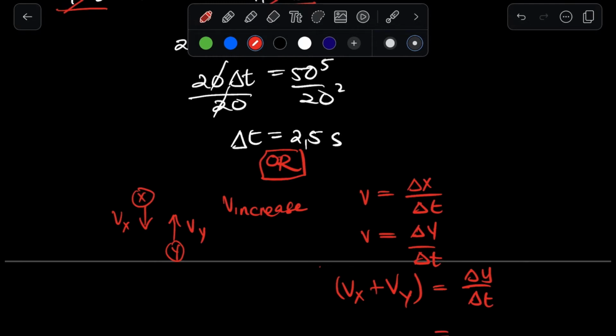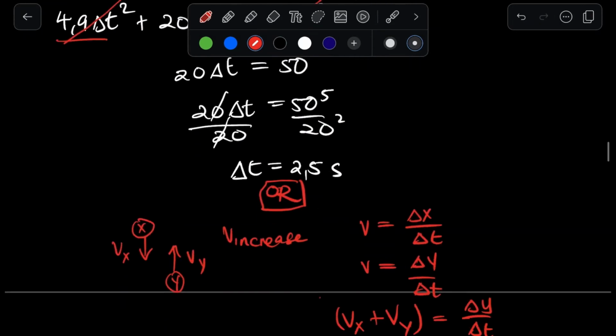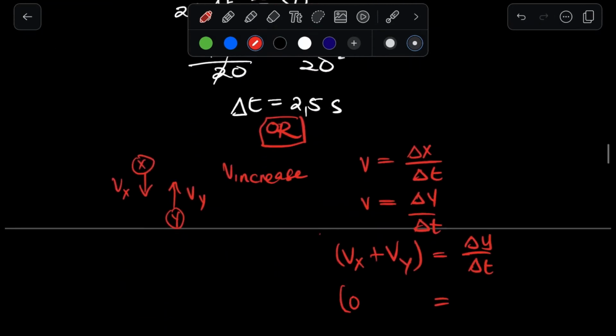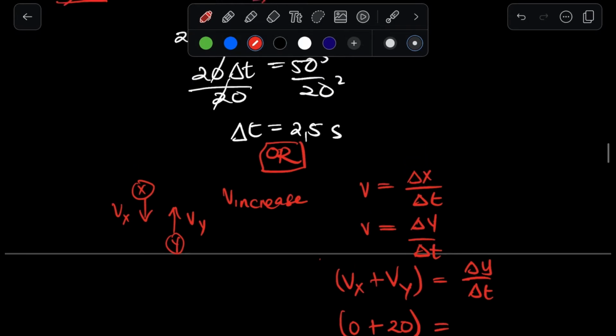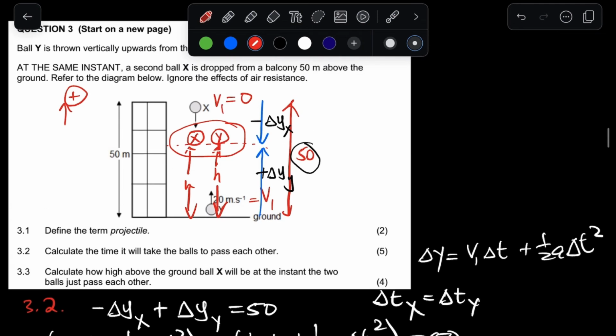So the velocity of ball x was dropped, so its velocity is going to be 0, and the velocity for y, it's going to be what? 20. And then the displacement that they're traveling, it's going to be 50, as I've mentioned. So this plus this displacement, as they approach each other, they cover 50.